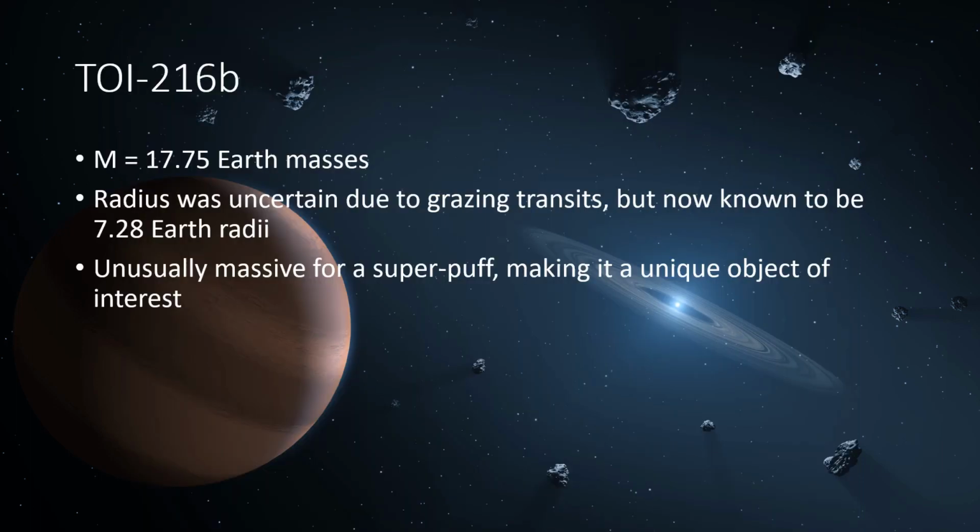And the same principle applies to TOI 216b, except in this case, the transits were moving onto the disk of the star. It was just skimming the edge at first, but as it started transiting more completely, we were able to get a measurement of its radius.